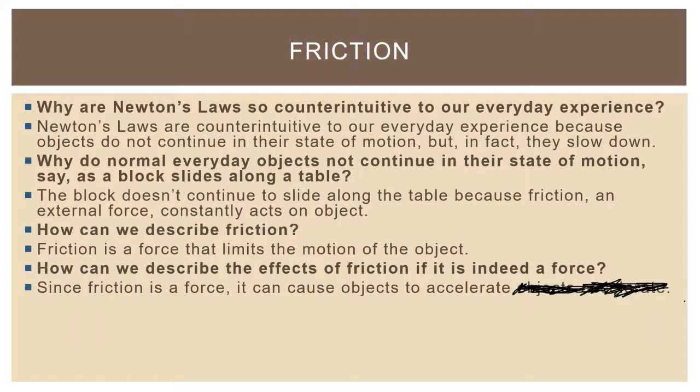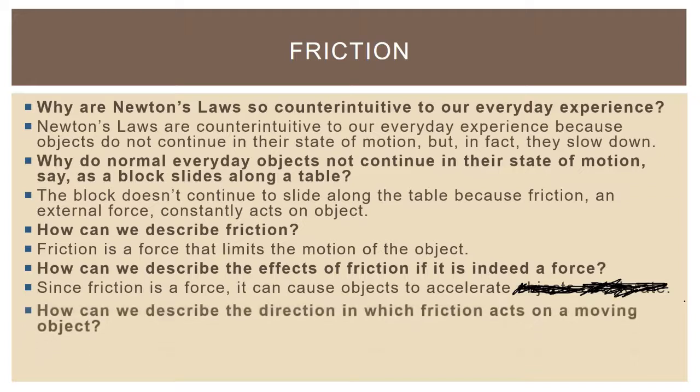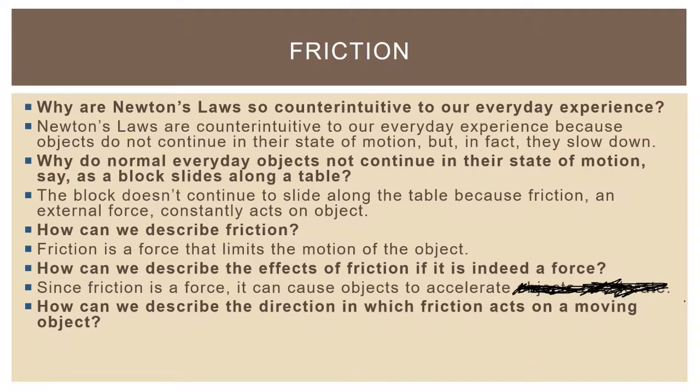Since friction is a force, it can cause objects to accelerate. And the last question before we move on: how can we describe the direction in which the friction force acts on a moving object? Well, this I'm sure you remember from honors physics.